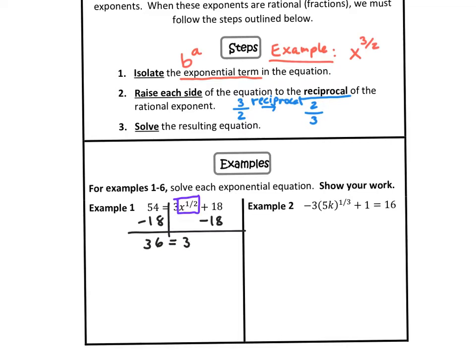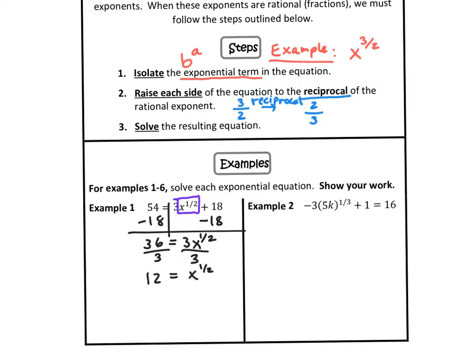Bring down the 3, bring down the x to the 1/2. And then in the next step, how do you get rid of the 3? The opposite of multiplication is division. 36 divided by 3 is 12. x to the 1/2.